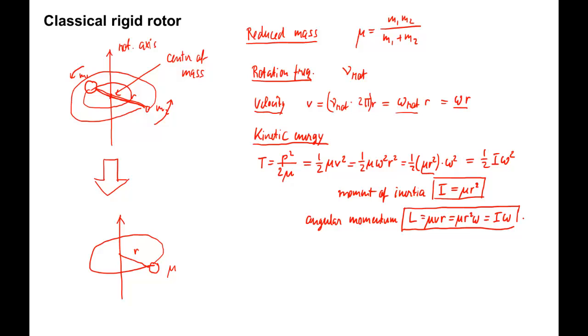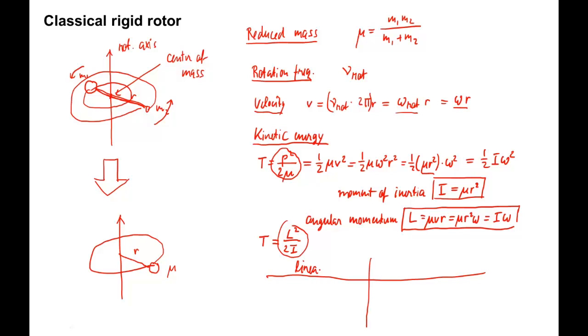With the angular momentum, the kinetic energy can also be written as T equals L squared divided by 2I. If you compare this expression with the very first one for the kinetic energy, you see that L, the angular momentum, is equivalent to the linear momentum p, and I, the moment of inertia, is equivalent to the reduced mass mu. This equivalence is worth spelling out in a table.